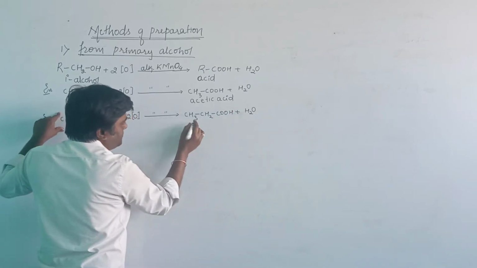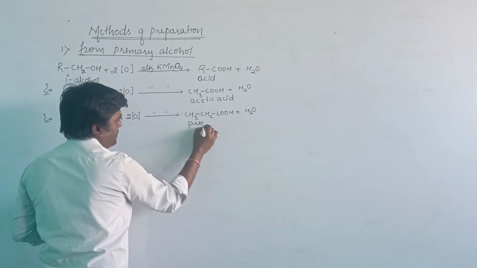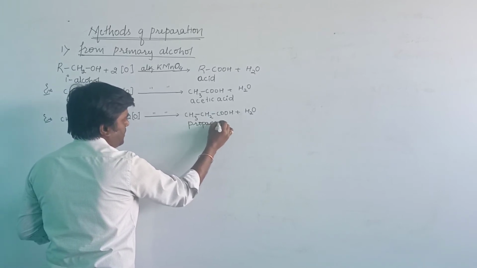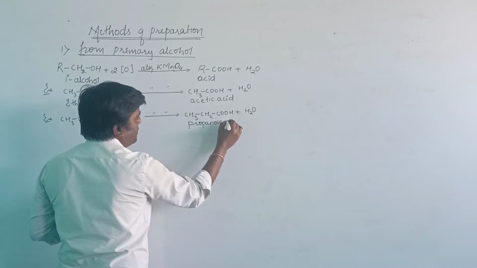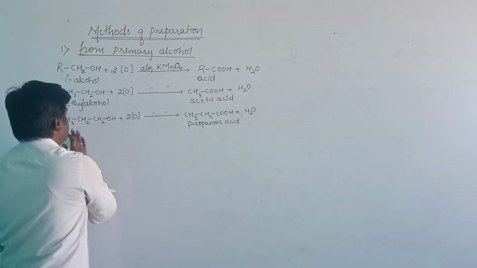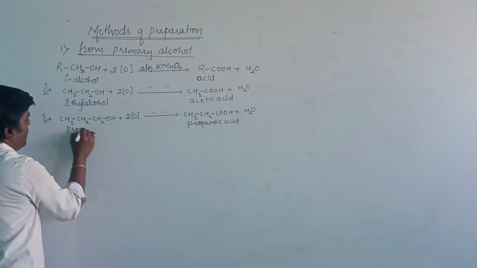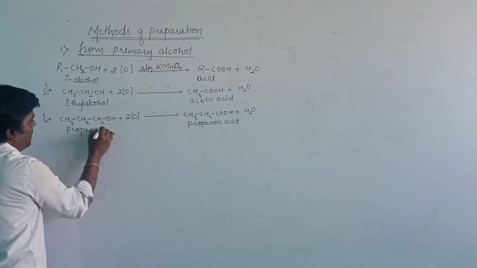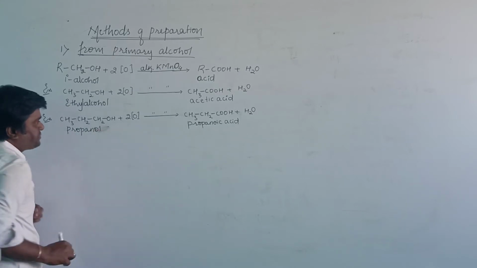The compound is propanoic acid. Three carbon atoms are there, and since carboxylic acid is the functional group, it is known as propanoic acid. Generally the alcohol is known as propyl alcohol, and the IUPAC name is propanol.